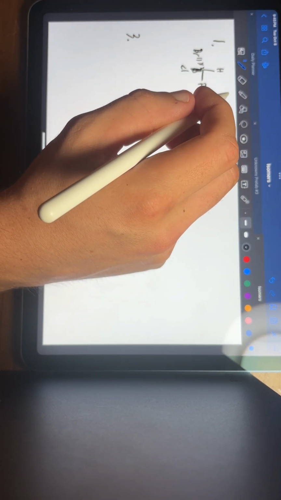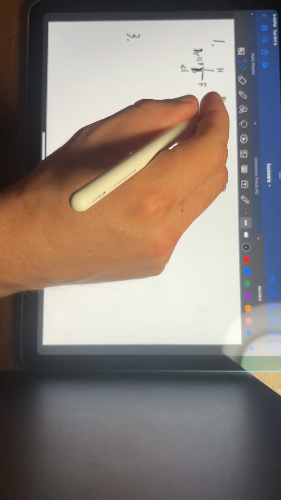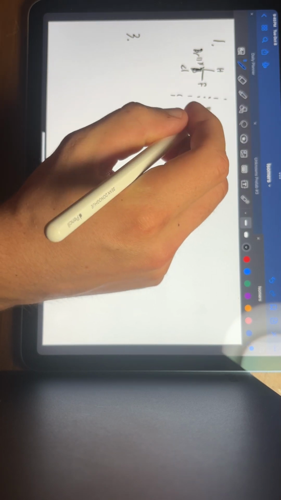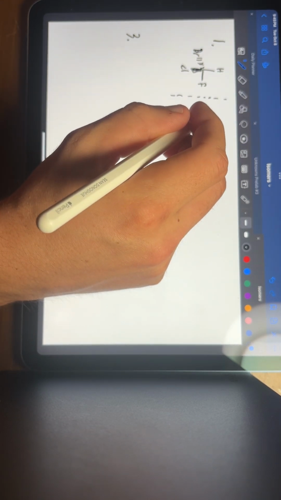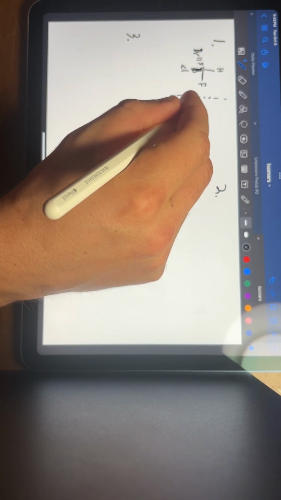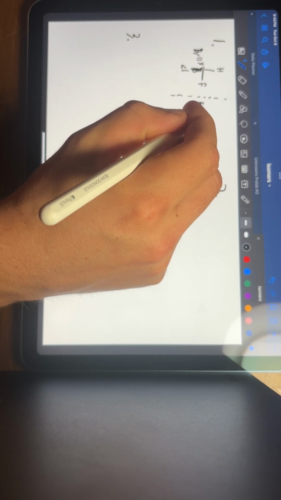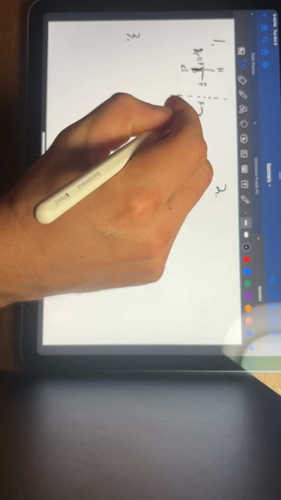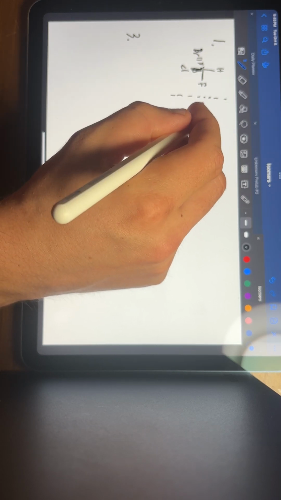And it's an enantiomer, so it's going to be a mirror image. So that's going to have just the mirror image.